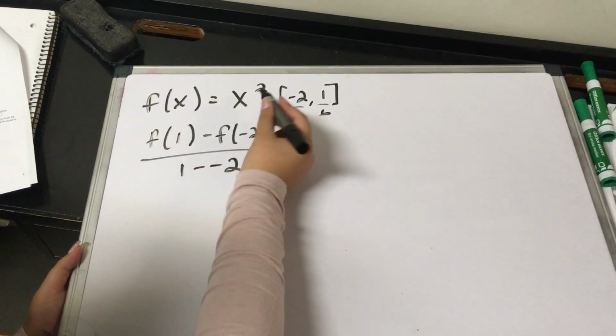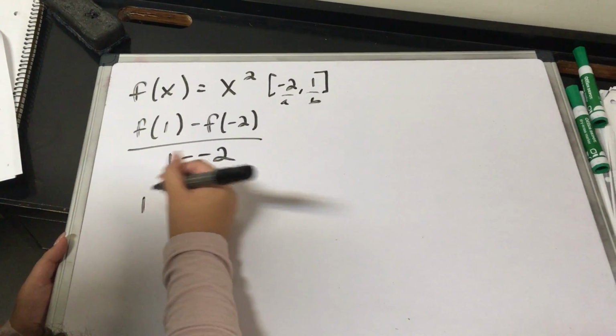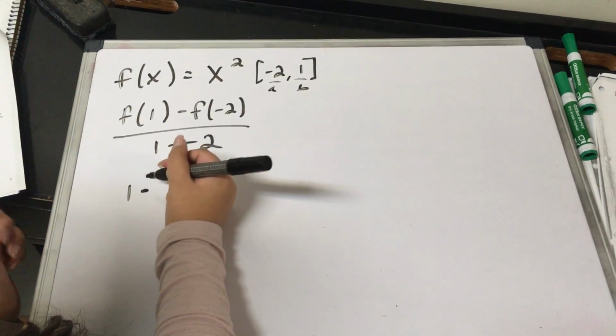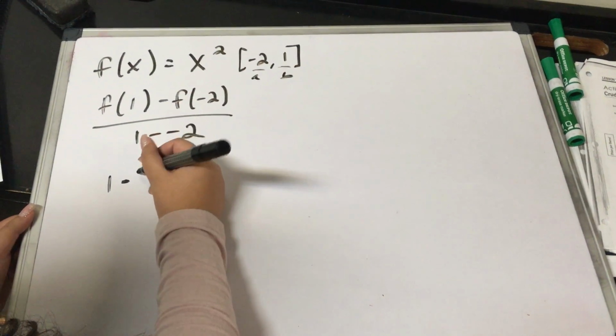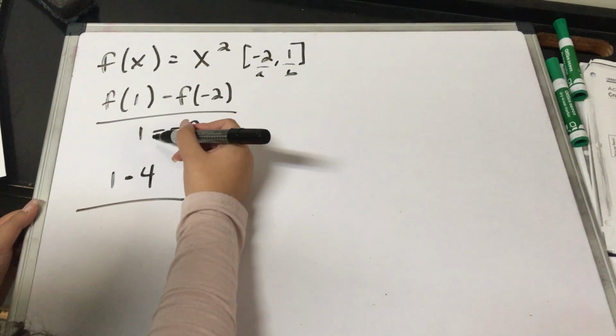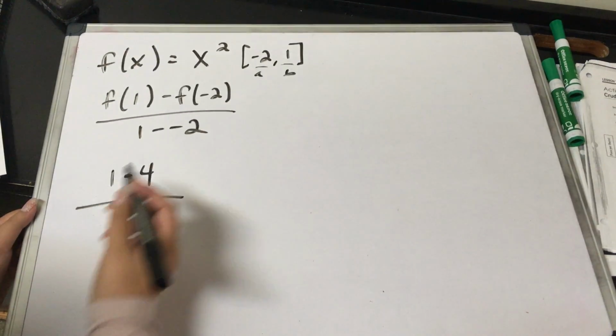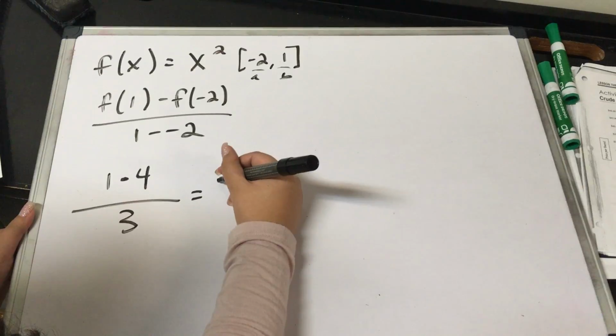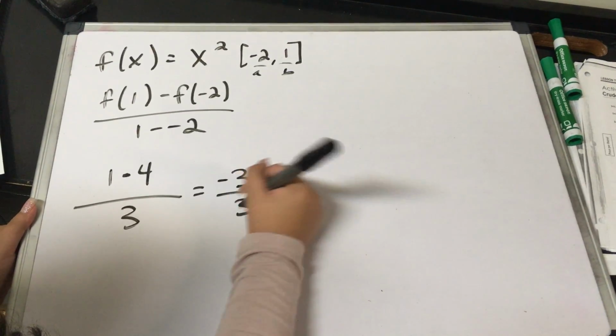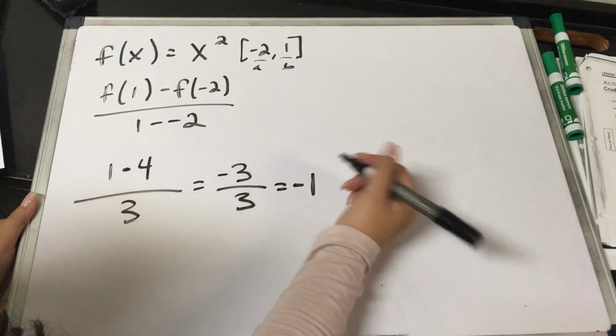If we plug in 1 to the equation, we will have 1 minus 4, since -2 squared is 4, over, minus a negative is positive, so 1 plus 2 equals 3. And then you'll get -3 over 3, which will equal -1.